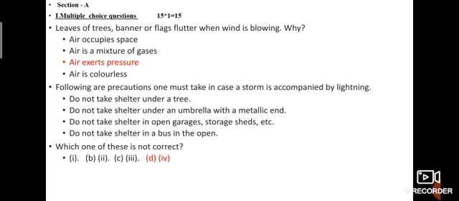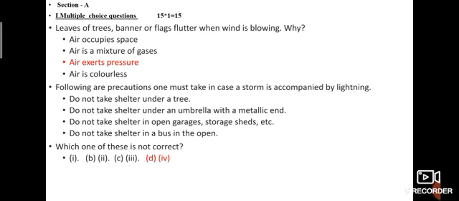First one: leaves of trees, banners or flags flutter when wind is blowing. Why? Air occupies space. Air is a mixture of gases. Air exerts pressure. Air is colorless. Yeah, we know well option D is wrong.